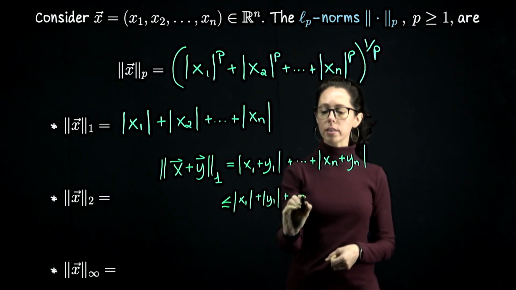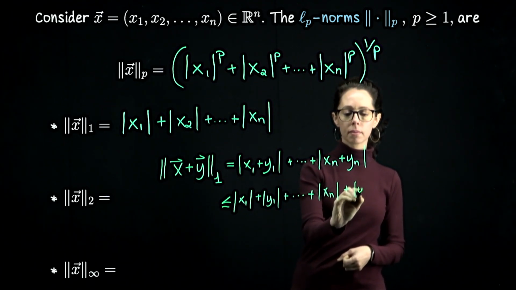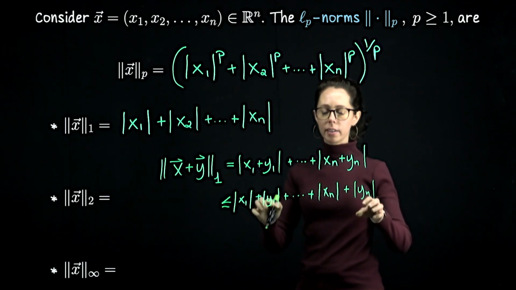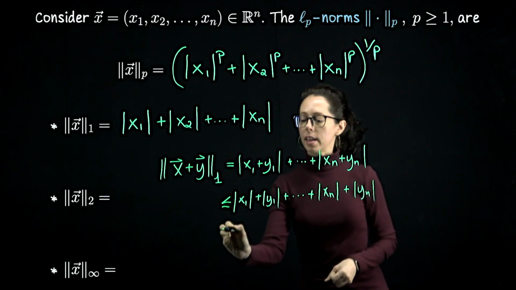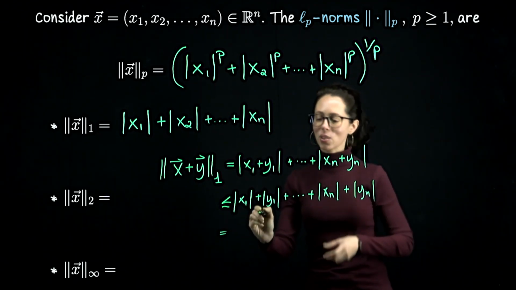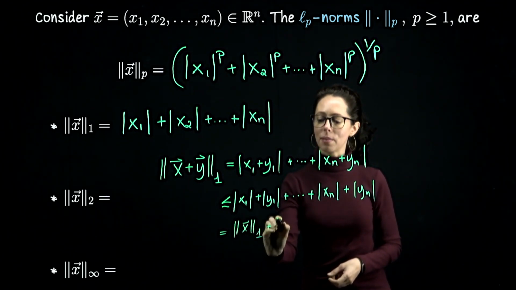And then that's true for the rest of them. And then if you like, you could write one more line where you gather the x's together, gather the y's together to say that this is the sum of the sizes of the x coordinates. So that's the L1 norm of x plus the same for y.